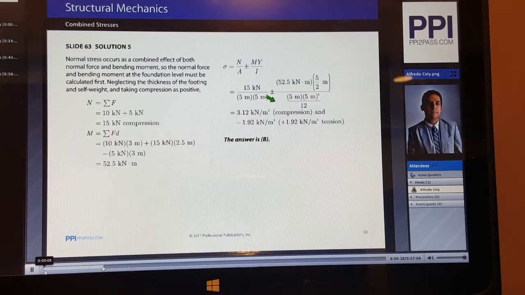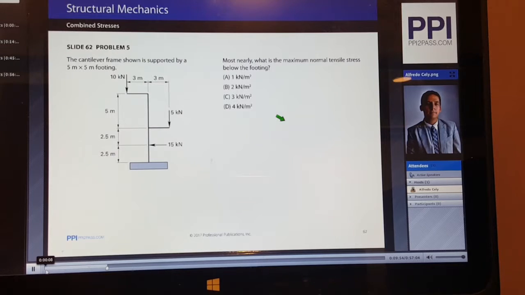Then we need to find the inertia of our rectangular shape, which is the base times the height cubed over 12, times where our y component is. So we can get that our normal stress is between 3.12 kilonewtons per square meter when it's in compression and 1.92 kilonewtons per square meter when it is in tension. So the answer is B.